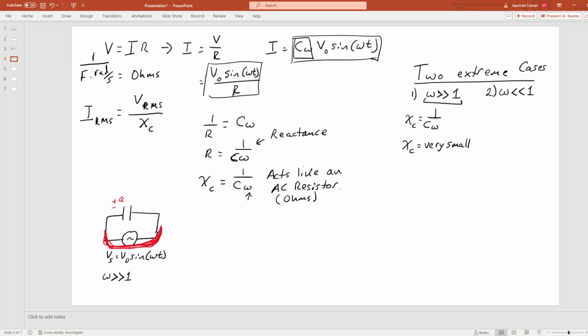So they're just going to go from plus Q to minus Q and vice versa on the other plate very, very rapidly. Okay, so the charge is just like bouncing back and forth. It's just being thrown around very, very rapidly. And that's not entirely different than just having an AC source with a wire.